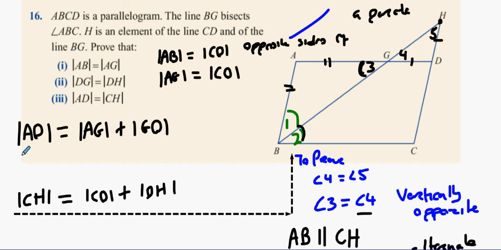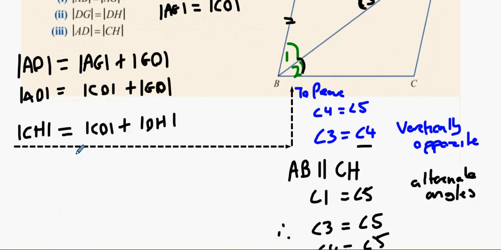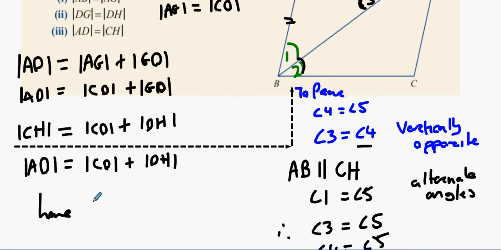So this means that AD is equal to CD plus GD, and as we proved earlier, GD equals DH, so therefore AD is equal to CD plus DH, and therefore both of them are the same length, so hence CH equals AD. And that's it done.